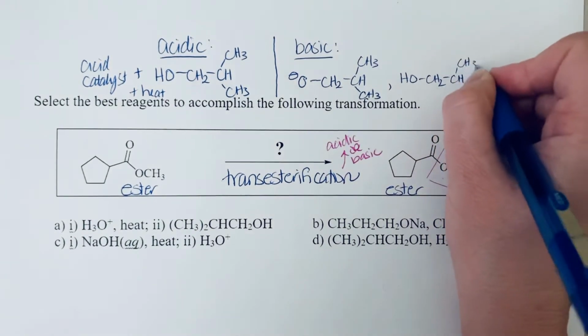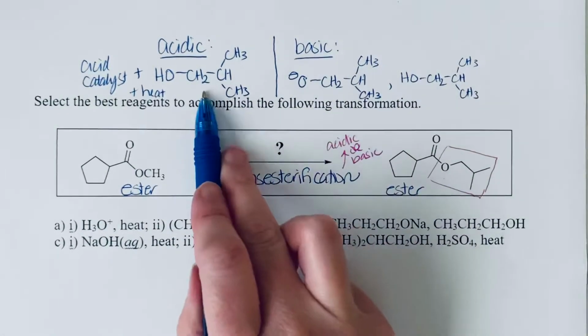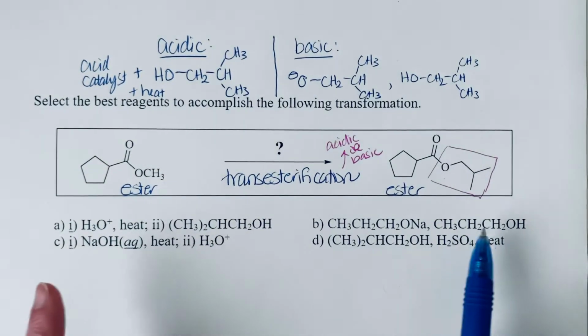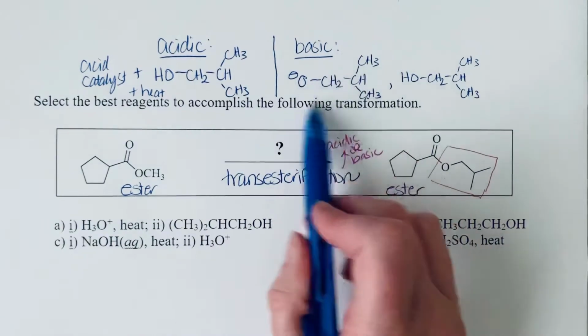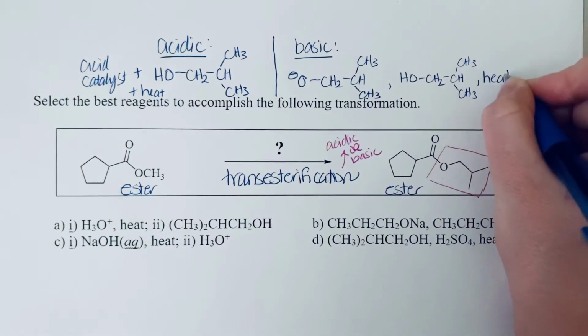Another thing we're doing when we're using the alcohol in either one of these conditions is to use that alcohol as the solvent, because this is going to be equilibrium driven since you don't have a difference in your leaving group ability. So the reaction could essentially go back and forth, and to push it to one side, you use an excess. For the basic conditions, you're going to use the alkoxide, the alcohol, and you're still going to need to heat that up.